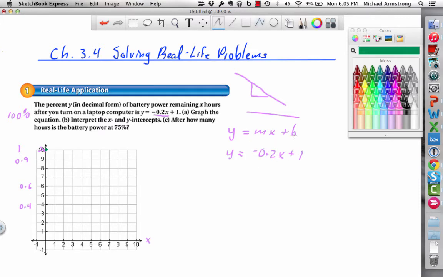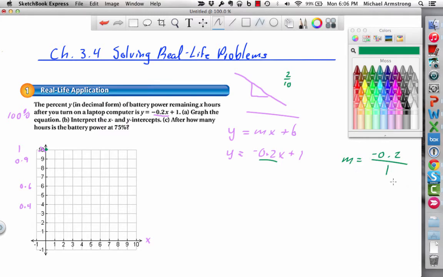Now it could be that we just use fractions. 0.2 is 2/10. But since we've got decimals over here, don't kill me for doing this, but I'm going to mix my decimals and my fractions.